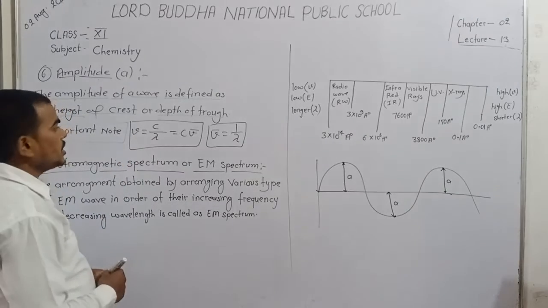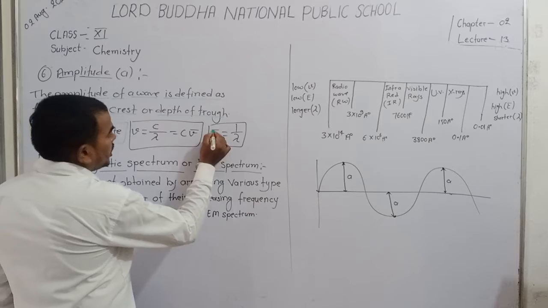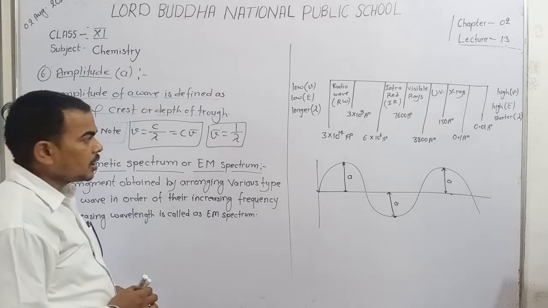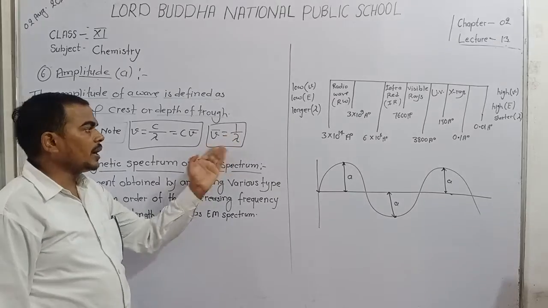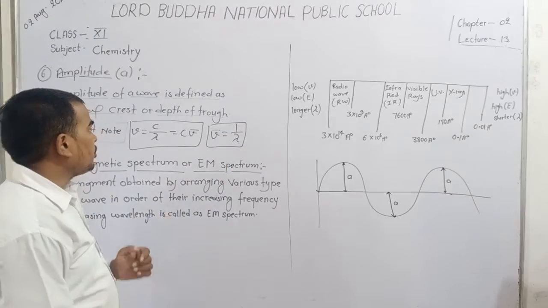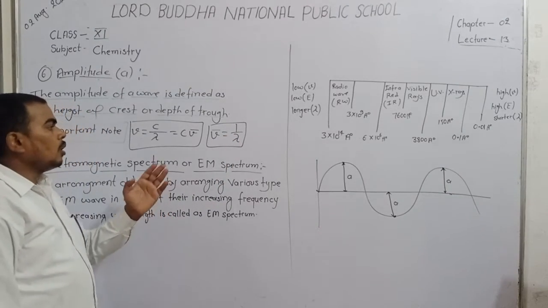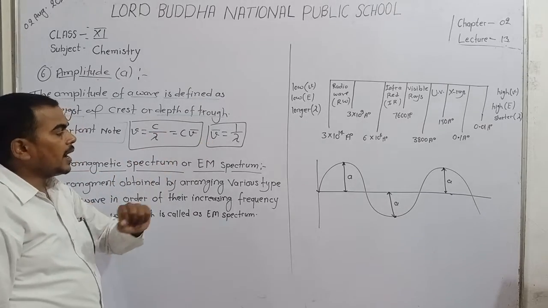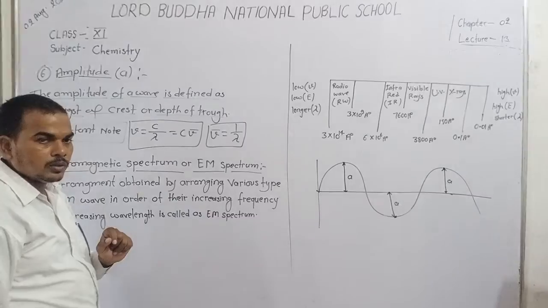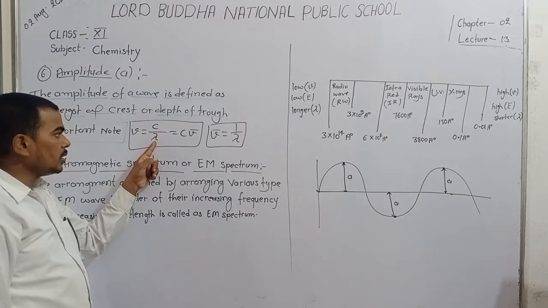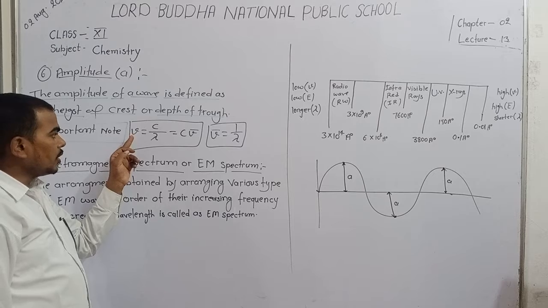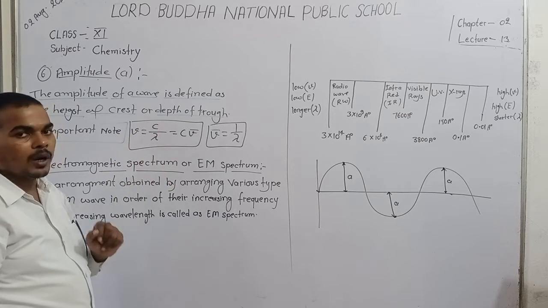And you also know that nu bar, the wave number, is equal to 1 by lambda. If we put nu bar in place of 1 by lambda, we obtain nu is equal to c into nu bar.